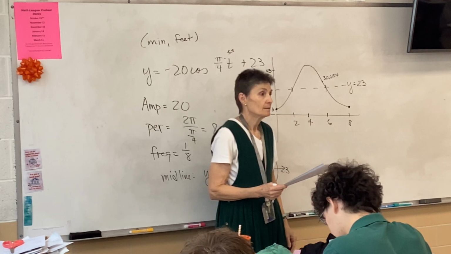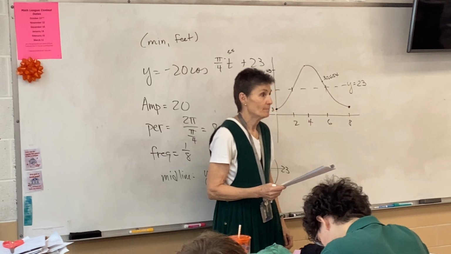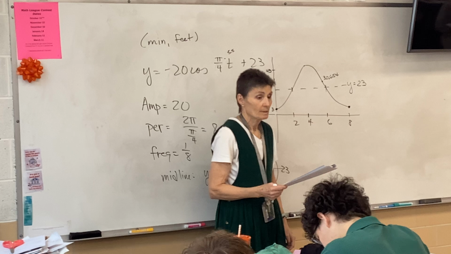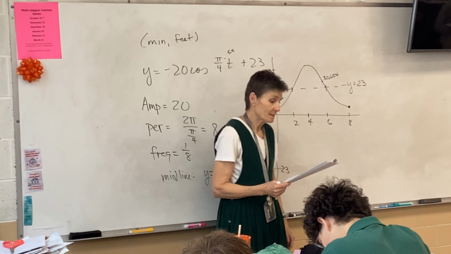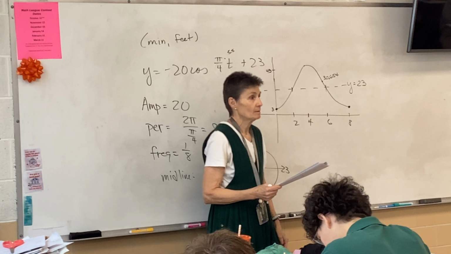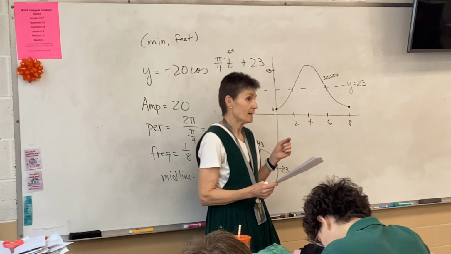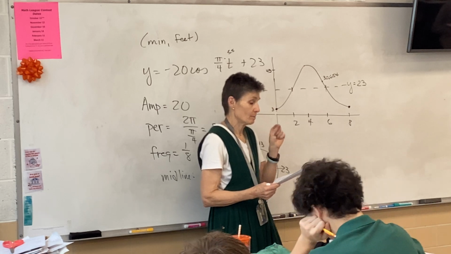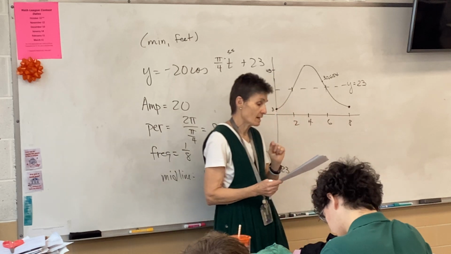Yeah, because doesn't cosine start at the top? And at 0, we're at the top. Could it be a negative cosine x? No, it's positive. It could be negative if we moved it around, but not without a phase shift. So it is positive cosine, it is not negative.